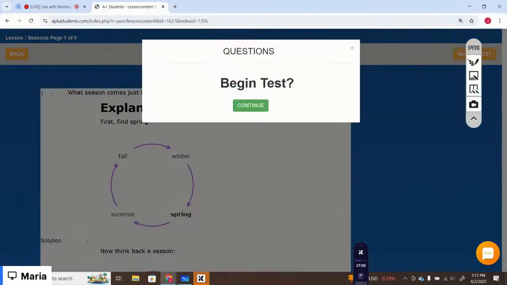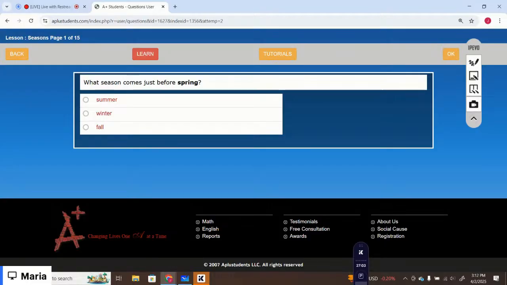Let's just start with the test questions. What season comes just before spring? So just before spring, it is winter. Option number two is the correct option. Winter it is.